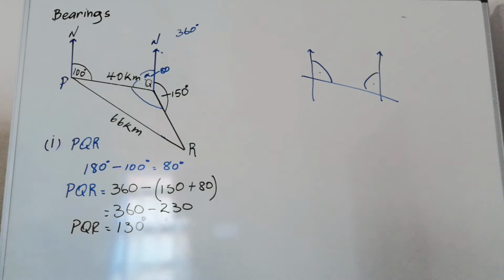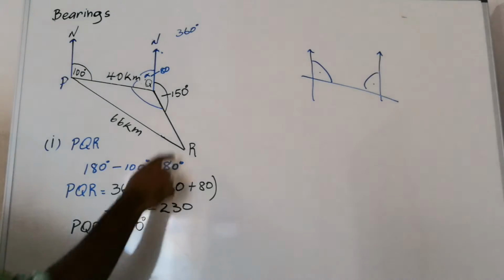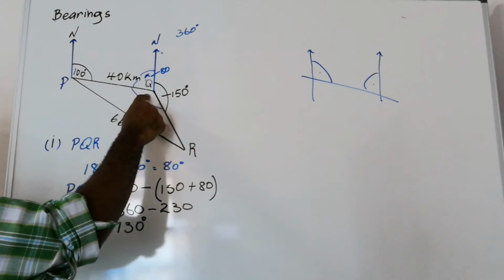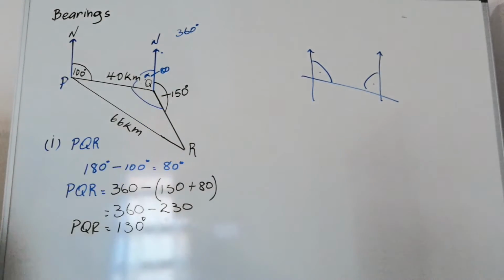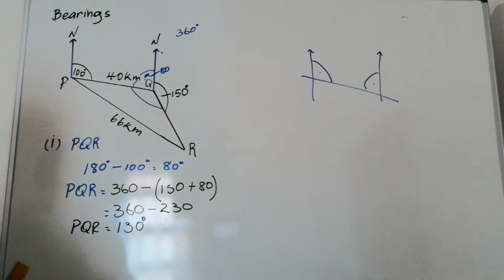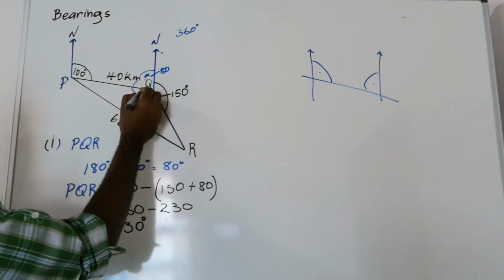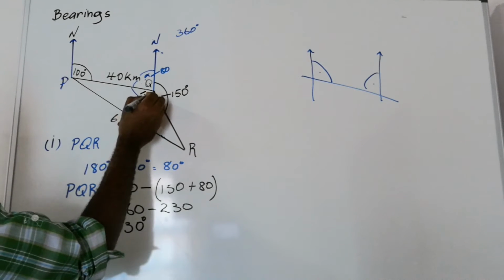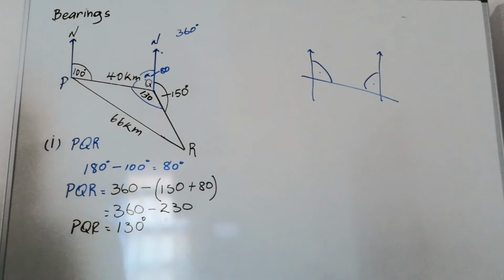So when we add up 150 plus 130 plus 80, that will give us 360 degrees. So the angle PQR will be 130 degrees. Another thing we could do is, whenever we find the angle, let us just put that in to remember. So this angle here is 130 degrees. Okay?